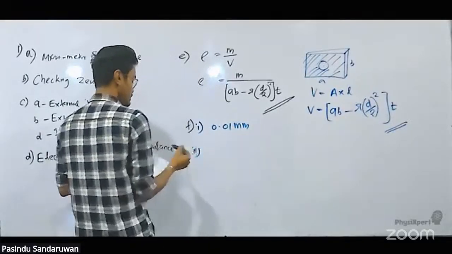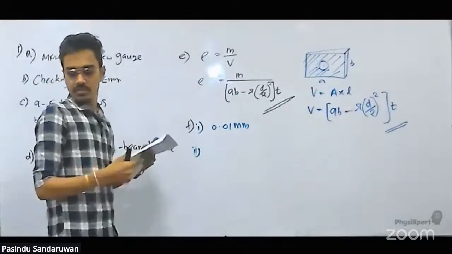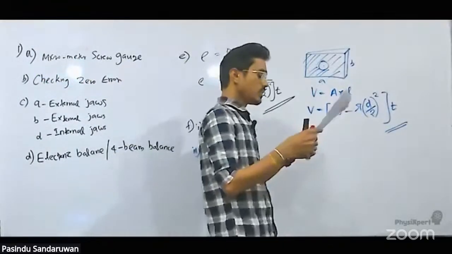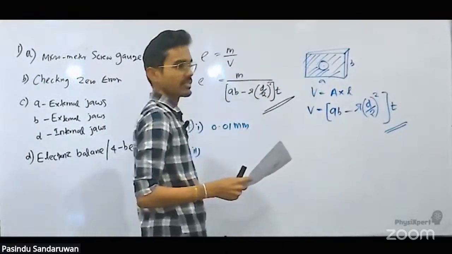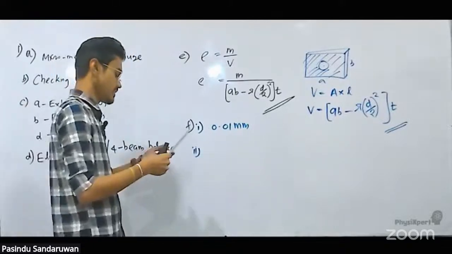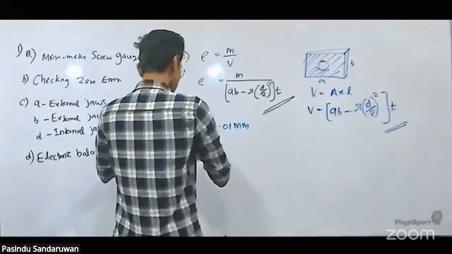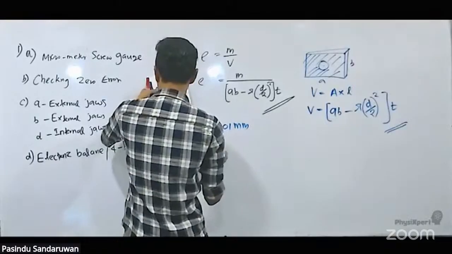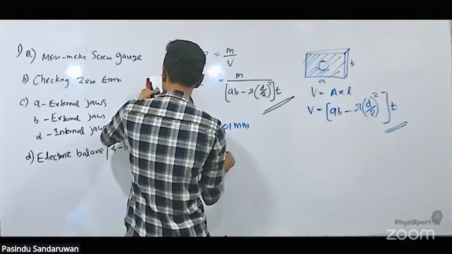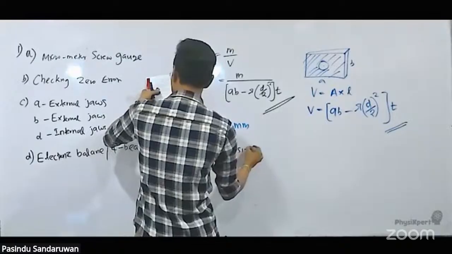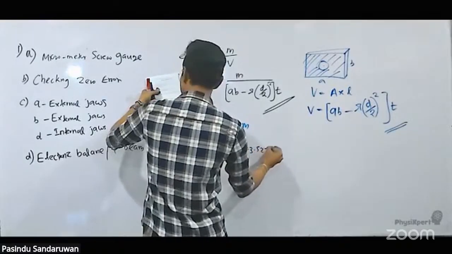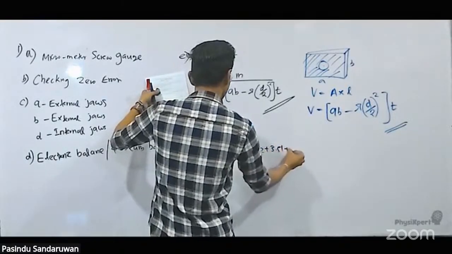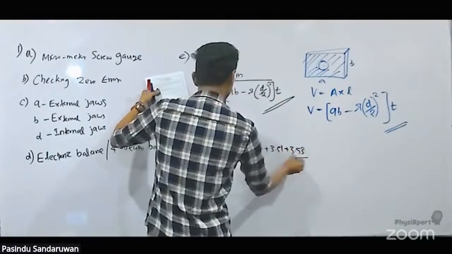F2. Calculate the mean thickness of the sheet. Very easy. Mean is the average. The mean is given by 3.50 plus 3.51 plus 3.52 plus 3.51 again plus 3.53, over 5.